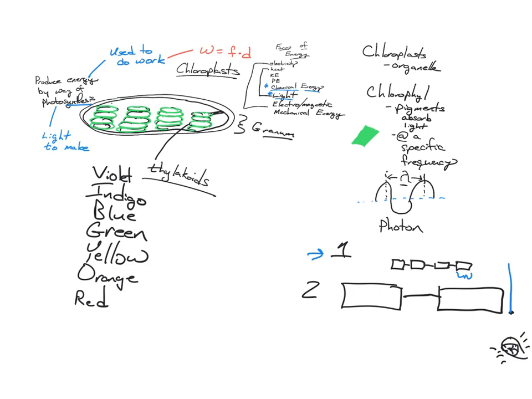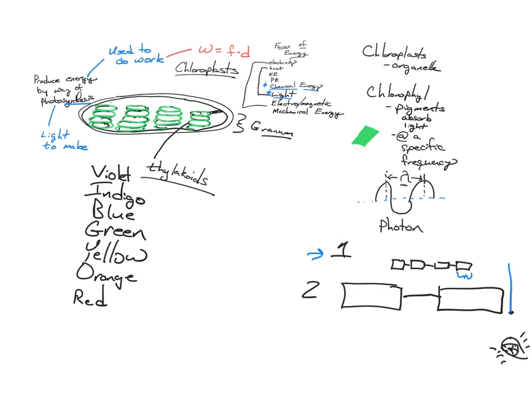Violet's actually a combination of colors, right? It's ROYGBIV. Let's take a look at the first few colors here.